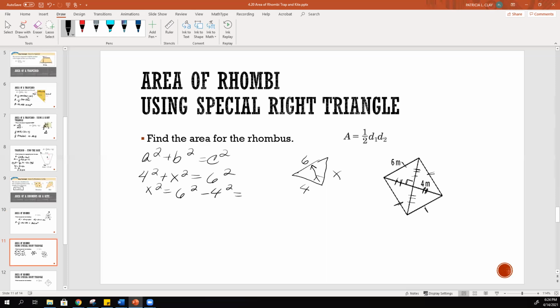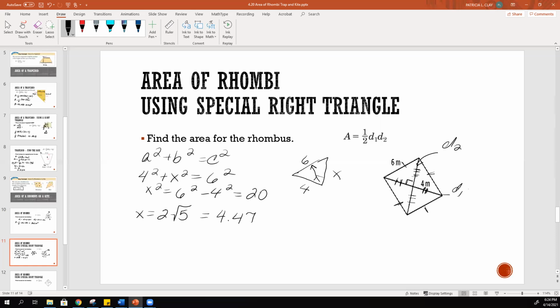And what do you get? You're going to get x squared is equal to 20. So if we take the square root of that, we can either say it's 2 radical 5, or a lot of you all like to just put it in the calculator. We have 4.47. Okay, so that's the first part. Now we know this side right there. So in order to find diagonal, let's say this one is diagonal 1, and this one right here is diagonal 2.